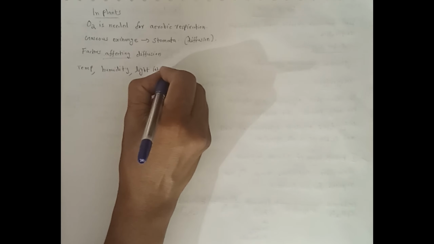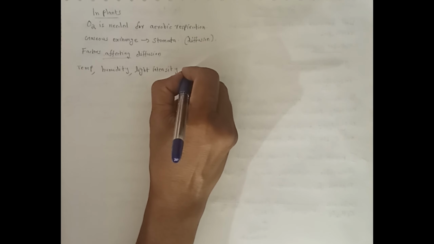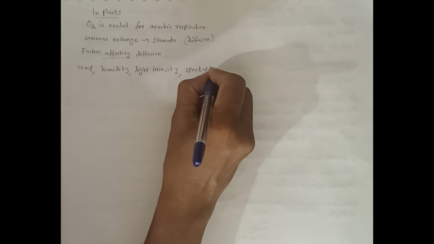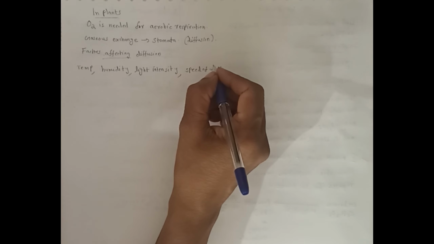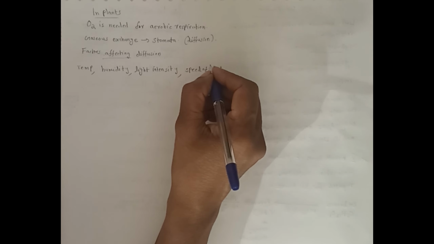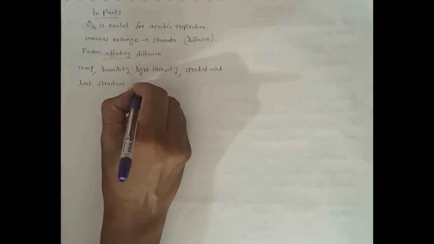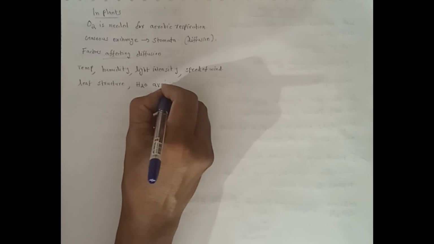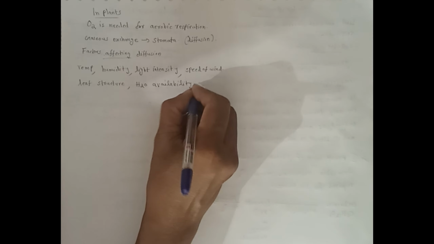Temperature, humidity, light intensity, speed of wind, stomata, the pores seen in leaves and some tender parts, leaf structure, water availability, etc. are the factors that control diffusion and gaseous exchange.